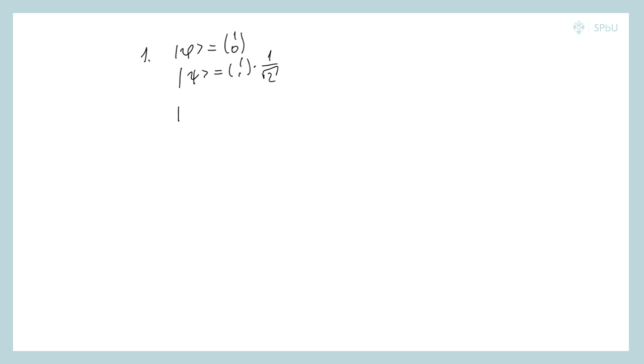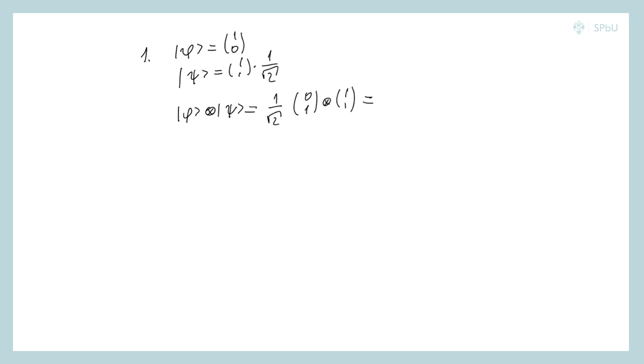The tensor product of these two vectors is equal to 1 divided by the square root of 2 times (1, 0) tensor multiplied by (1, 1).